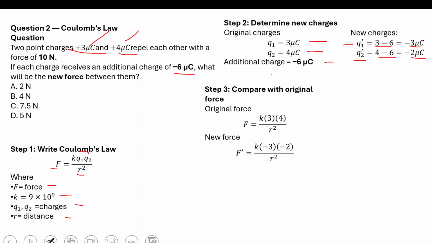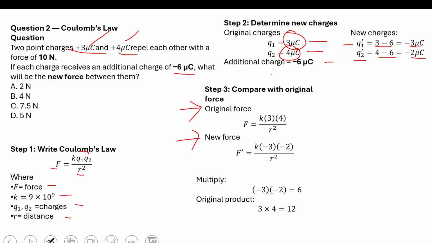F is equal to K Q1 Q2 over R squared. For the original force, we have Q1 as 3 microcoulomb and Q2 as 4 microcoulomb. So we'll put it here. With the original force and the new force, we're going to get the difference. Original force is F and new force is F prime.